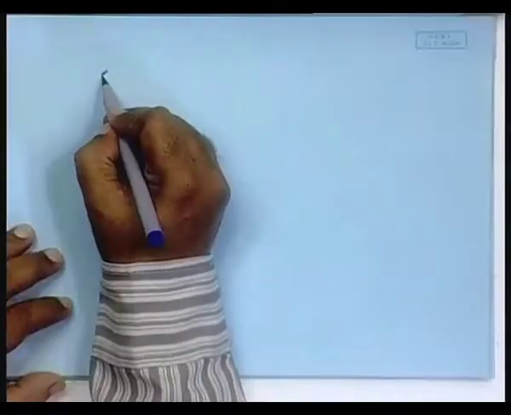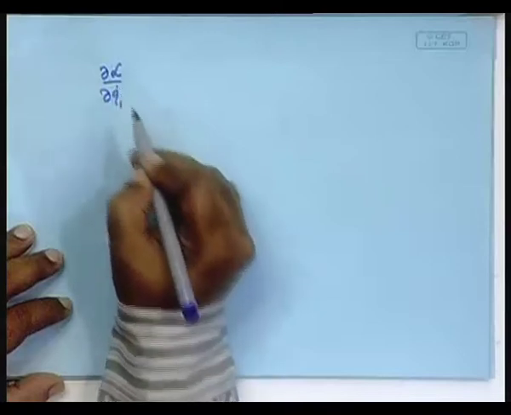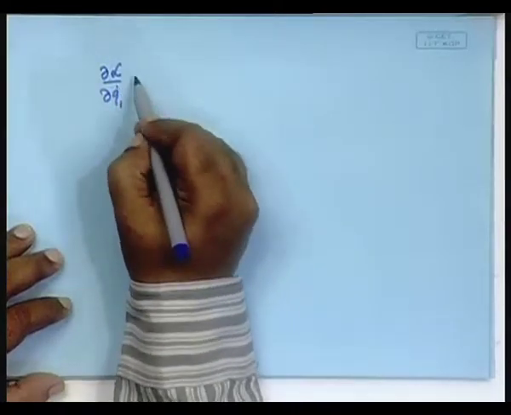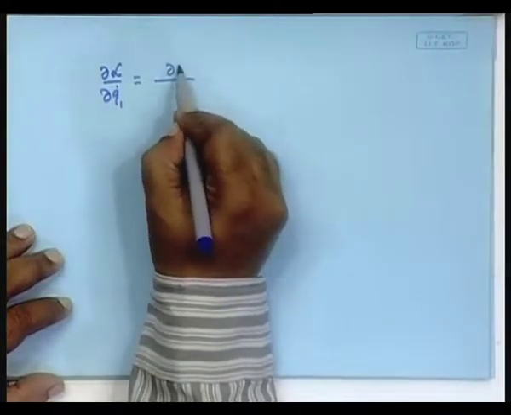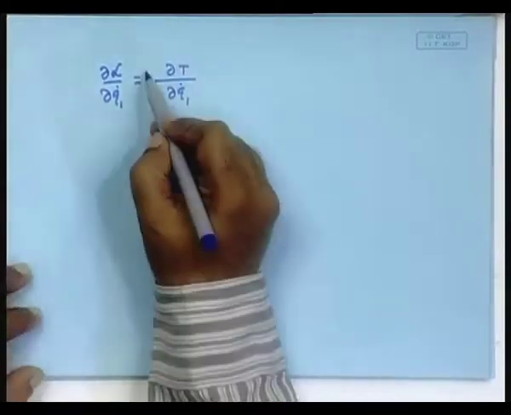At what point? When we had said that we know what the derivative of the Lagrangian with respect to Q 1 dot is, we said that is equal to that, which will not happen here.